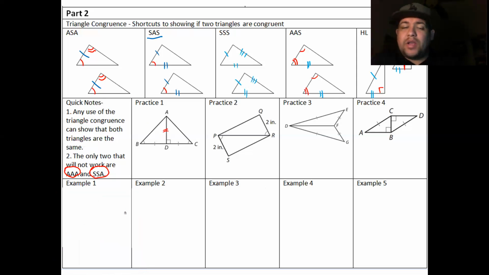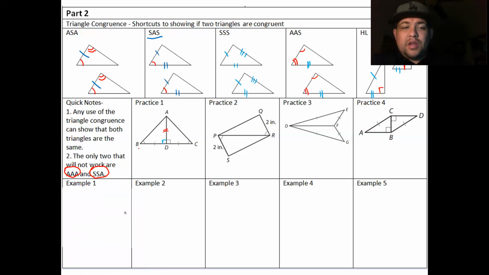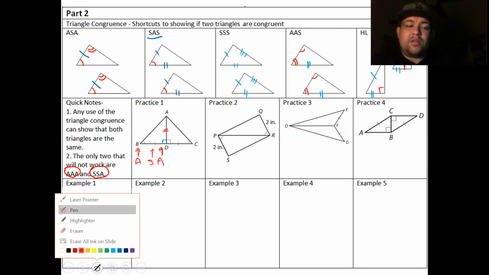The other part that I know is that the angle D right here is supplementary. That means the other angle also has to be 90. So looking right there, I want to identify the angles. I have an angle right here, I have a side right here, and I have an angle in one of my triangles. If I'm looking at the other case, I can also match it.